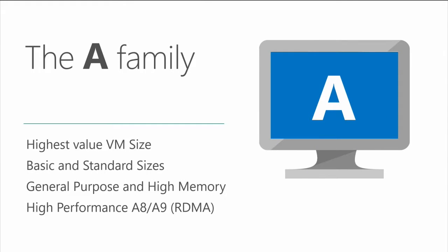The A series is a great solution for standard workloads where you do not need a large amount of CPU or the local SSD. You have the capability to run basic and standard. Basic allows you to run the A series machine without using a load balancer, which lowers the price a bit, and it's really a general purpose workload.